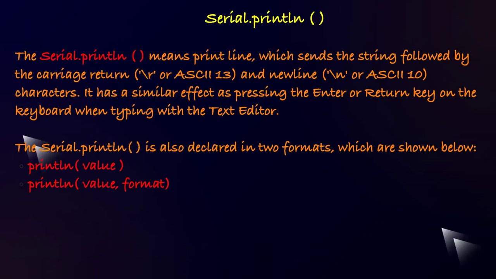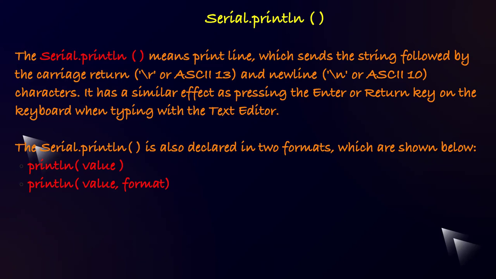Now we'll be seeing a new thing. It's called Serial.println. Everything is the same, just the ln is an addition. What is the main difference? Now you need to just keep in mind the difference between Serial.print and Serial.println, and then we can work on it.